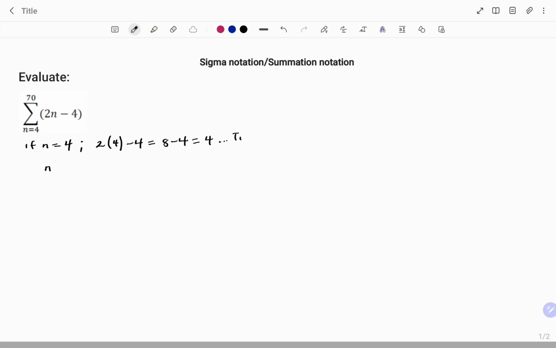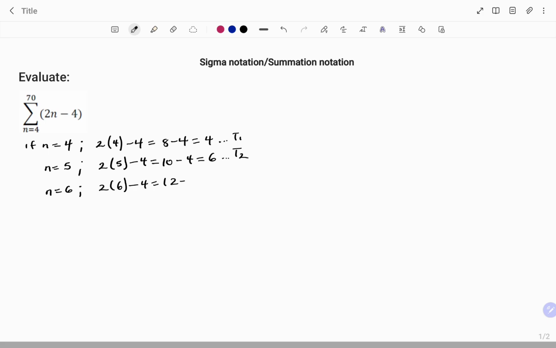If n, the next integer, n equals 5, then using the same formula, we have 2 multiplying 5 minus 4. 2 times 5, 10 minus 4. That will give us 6, and that will be our second term. I need one more term in order to determine if it's a common ratio or a common difference. So if n equals 6, then I have 2 multiplying 6 minus 4.